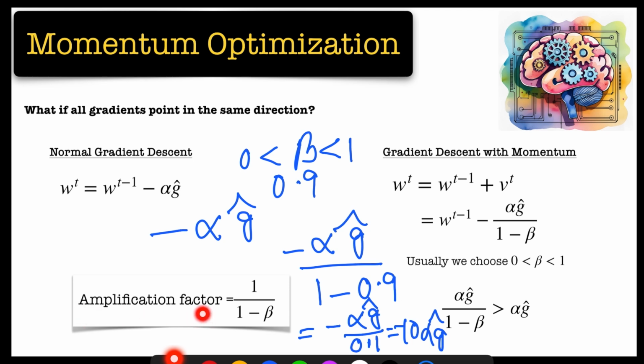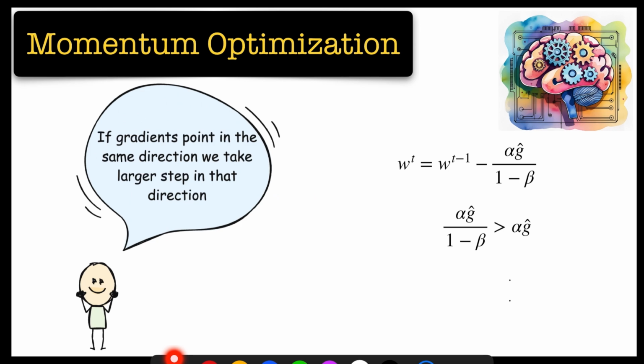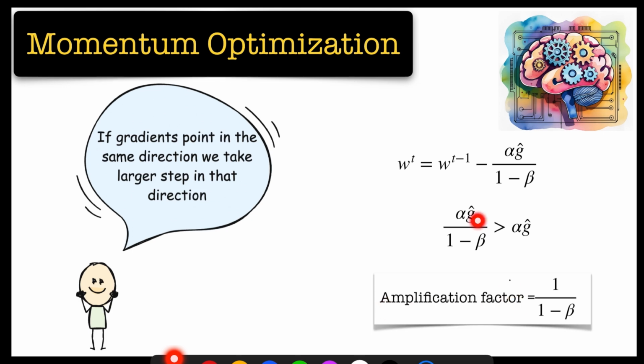So this is the amplification factor, 1 divided by 1 minus beta, and that's the main concept of momentum. If gradients point in the same direction, we take a larger step in that direction. So alpha G hat divided by 1 minus beta is always greater than alpha G hat.